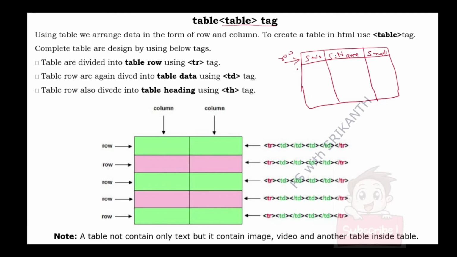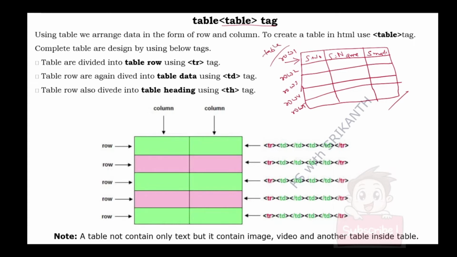Everyone knows that, right? So this is row 1, and suppose we have row 2 and row 3 and row 4 and row 5, right? So this entire thing is a table.